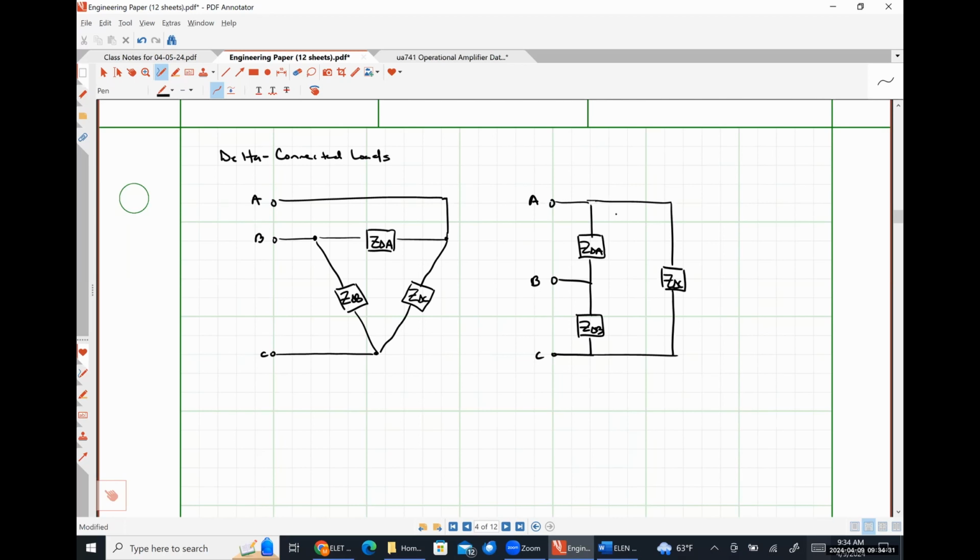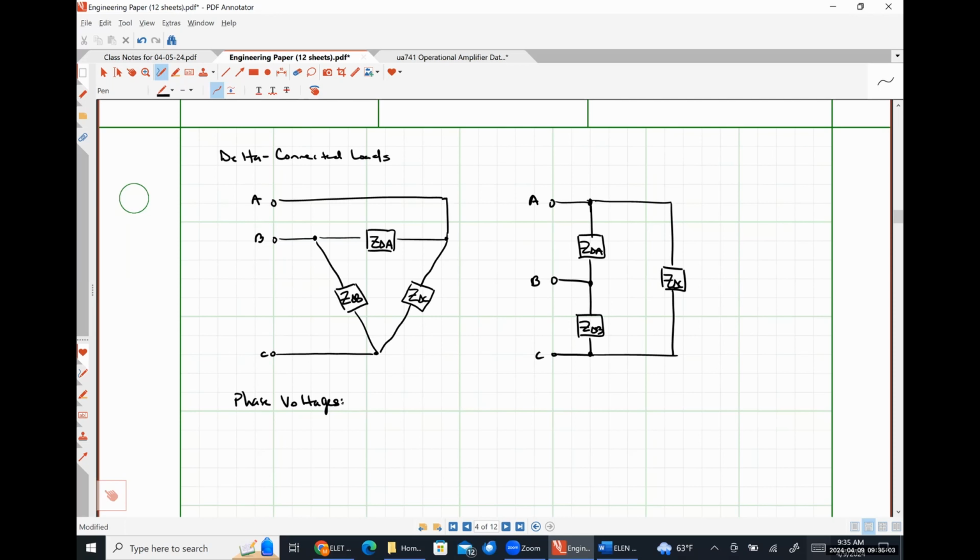So what do you guys think our phase voltages are going to be? The same thing as, okay.